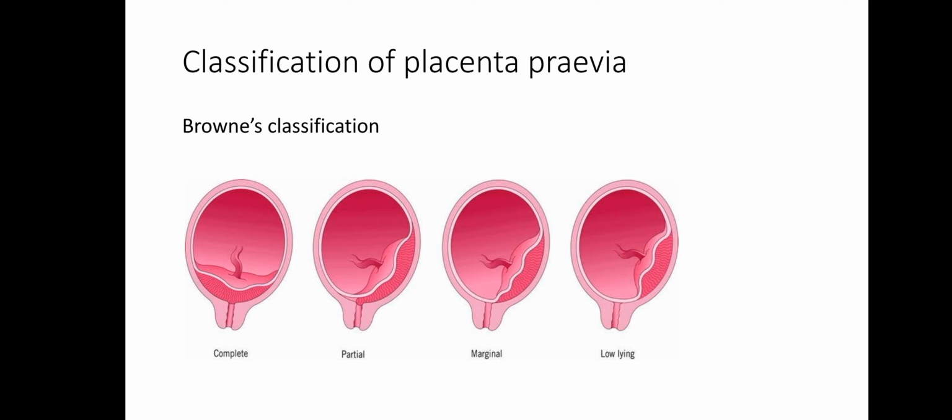And now we'll look at placenta previa in terms of degrees, and its degrees will affect management. So investigations, again, the common ones: full blood count, because you are bleeding, so we need to know if there's anemia by looking at the level of hemoglobin.